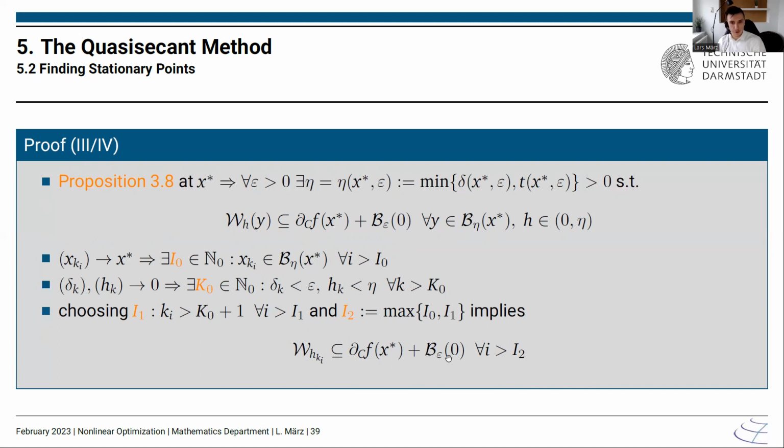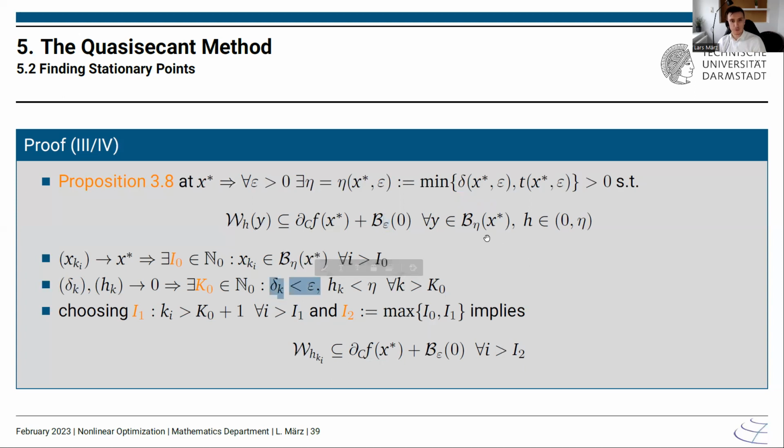We plug this into the inclusion from above, to then deduce this inclusion for all the indices that are far enough down the line, meaning that now we replace h by h_{k_i}, and we have that delta_k is smaller than epsilon.